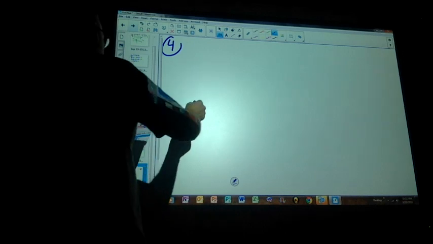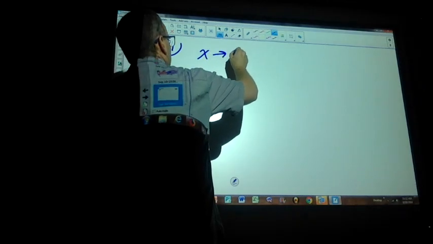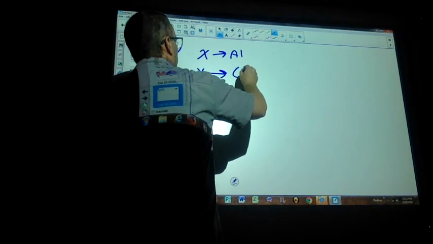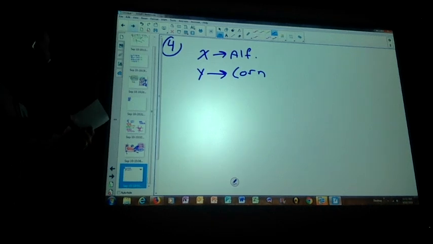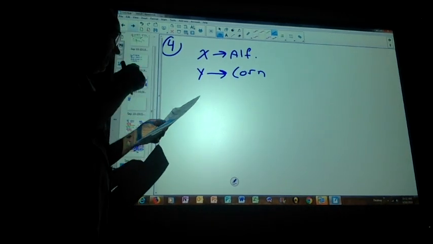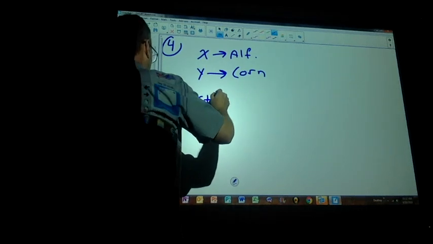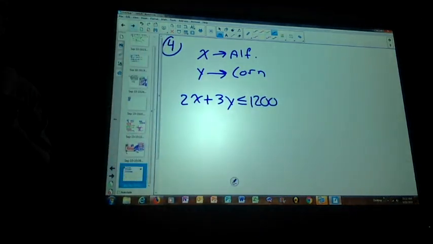Okay. So if I call alfalfa x and I call corn y, then 2x plus 3y is less than or equal to 1,200. How did I get that equation? The harvesting time, and they told us how much time each took.